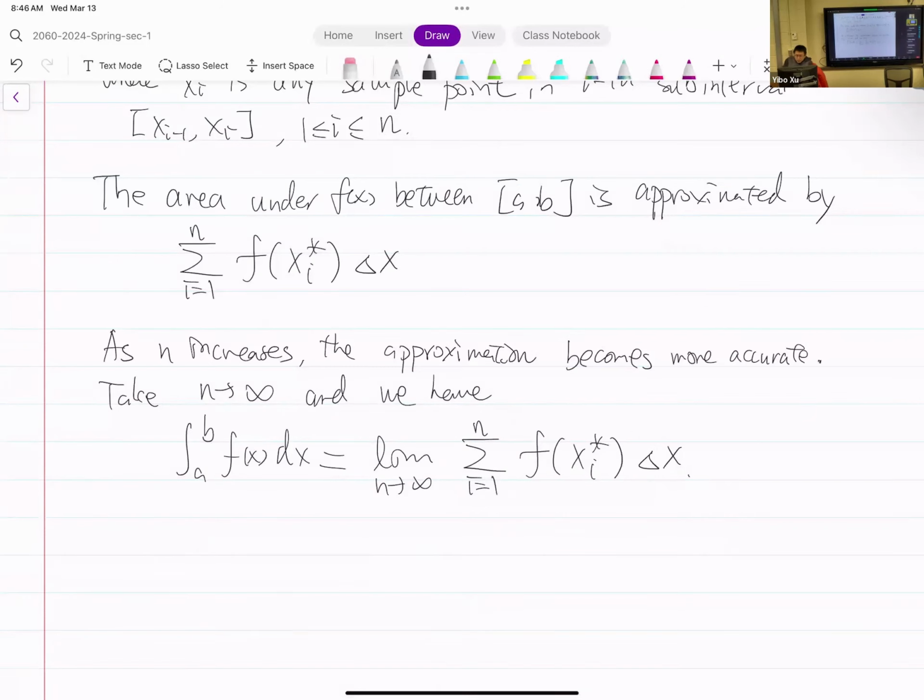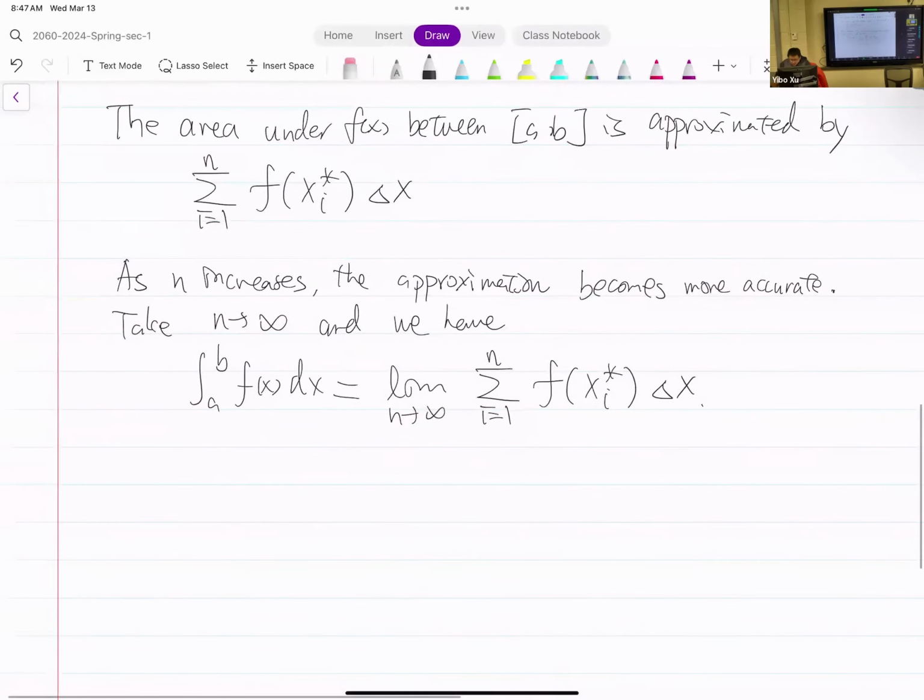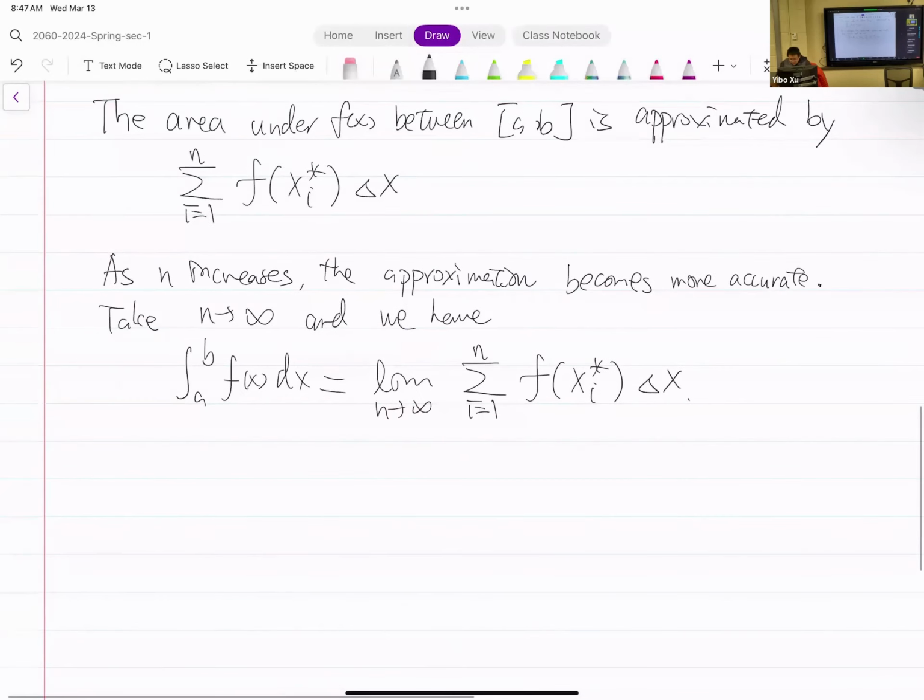Okay, so this is a quick review about the definition of the definite integral for a univariate function. But now, in this section, we're talking about a bivariate function f of x y that is defined on a rectangle. So here we're gonna do similar steps. We subdivide the domain, which is subdividing a rectangle.